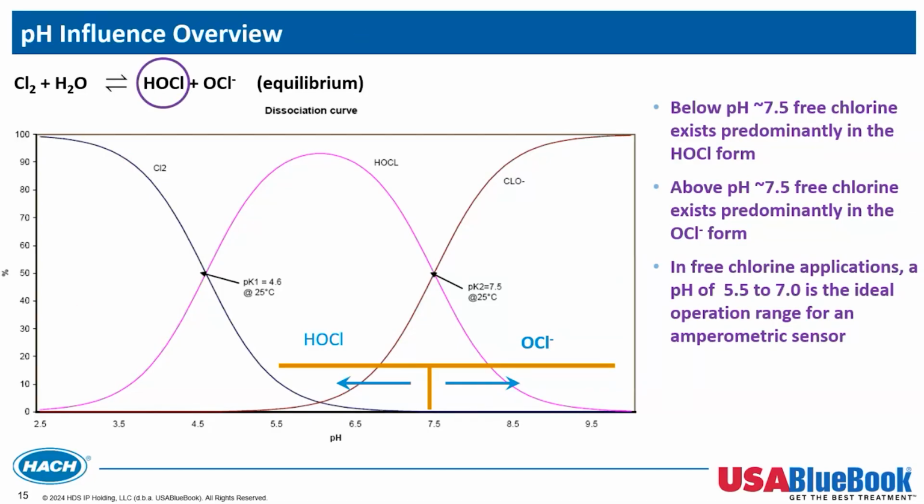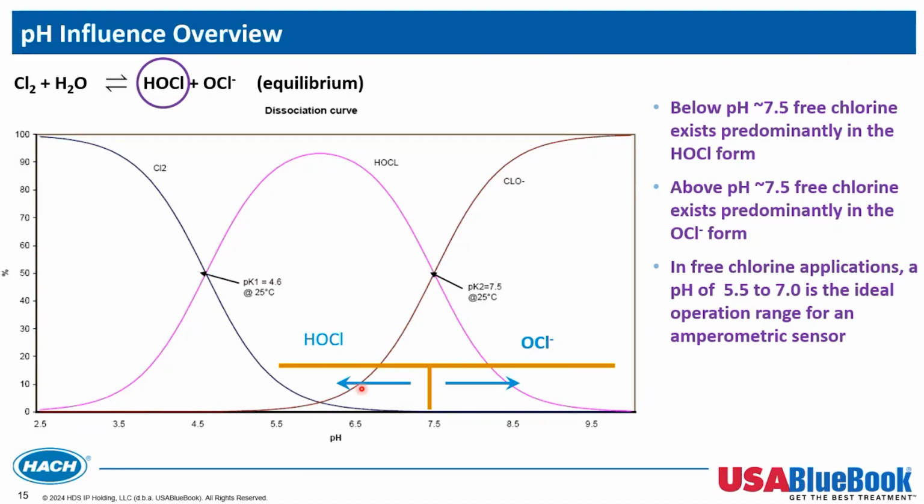It's important because we have HOCl as the main species here. Why is this main species here? Because amperometric technology, if we're talking about comparison, responds only to these species. The sensors only see HOCl, hypochlorous acid, and they're not seeing OCl minus. On the other hand, colorimetric technology responds to both.